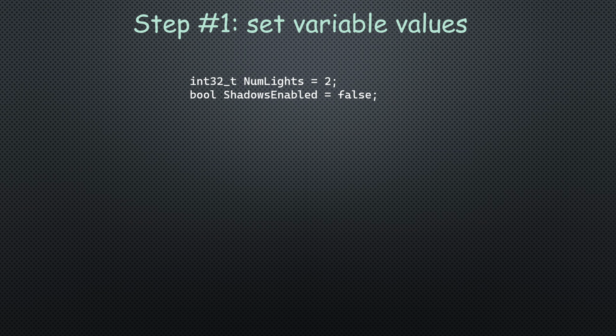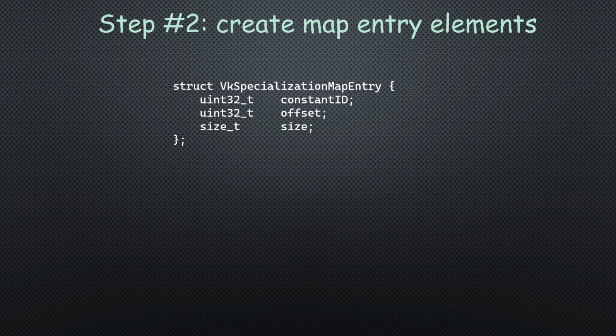These are the values that will replace the defaults in the shader. Since the mapping to the shader works by specifying offsets inside the buffer, we place these variables in a C++ structure.